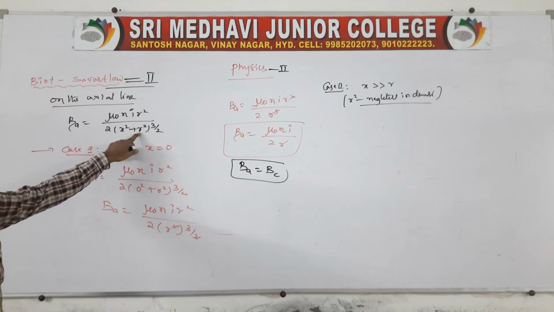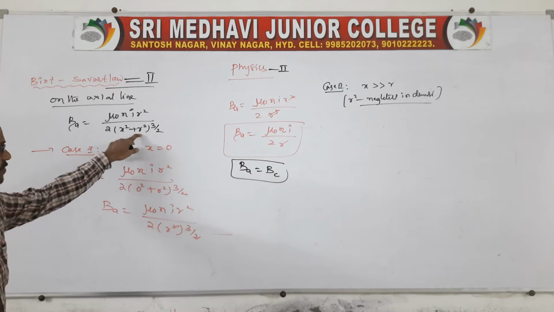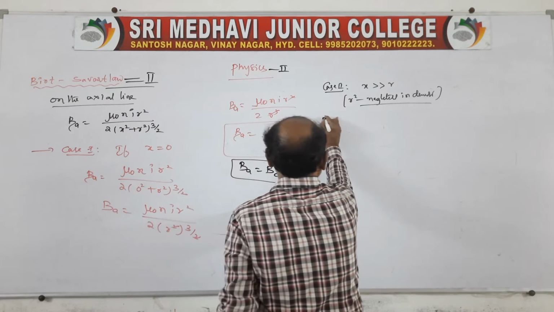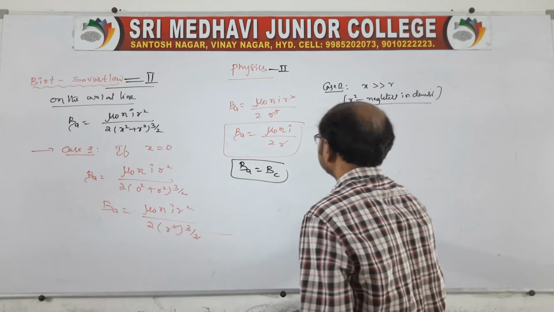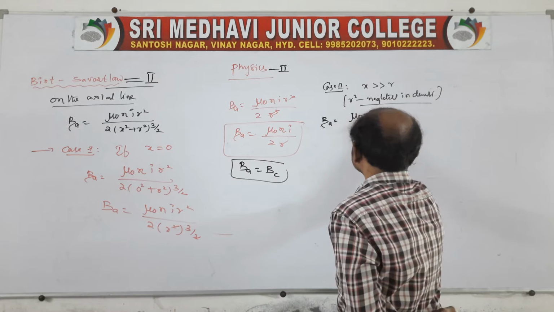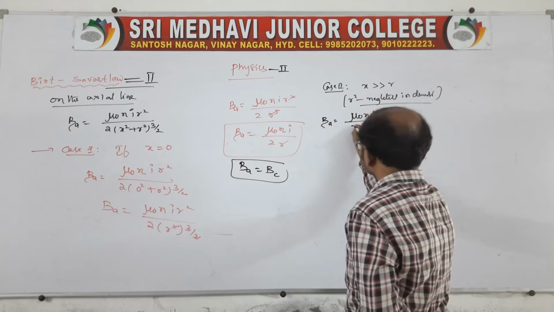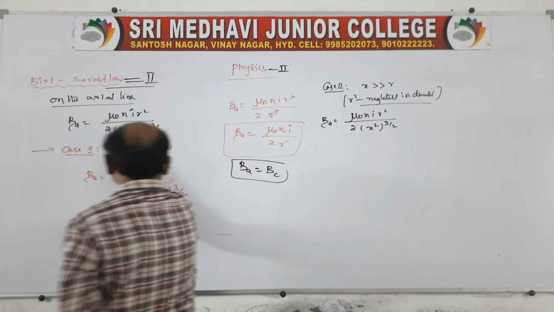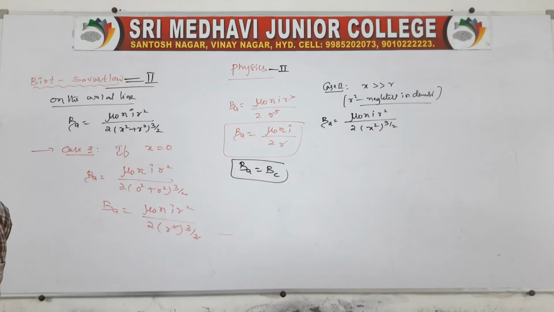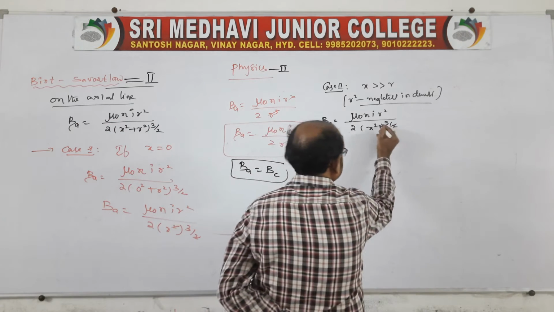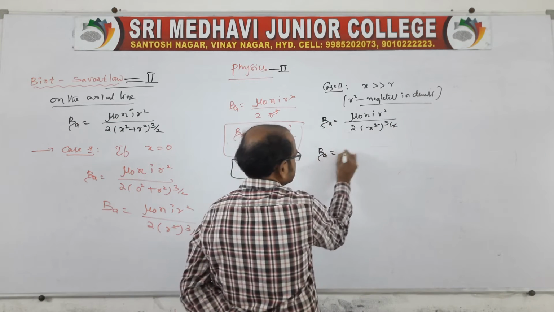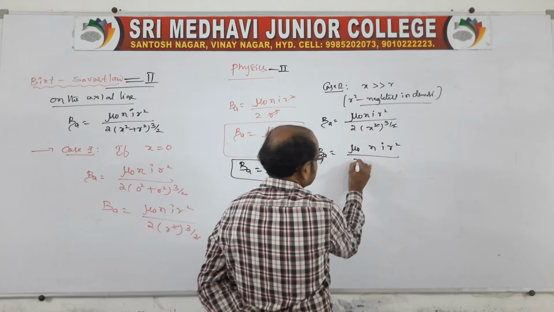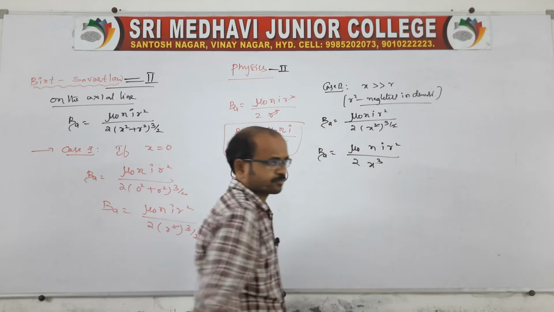Then the axial line field is mu naught N i R square by 2 into (x square) whole power 3 by 2, because only R square in the denominator is neglected. Now again you cancel this, so B axial is equal to mu naught N i R square by 2 x cube.